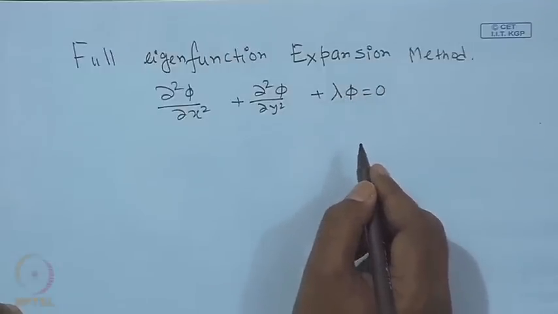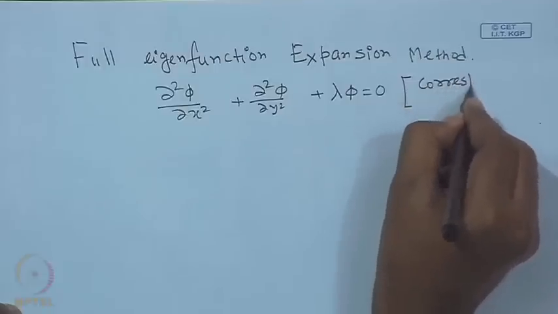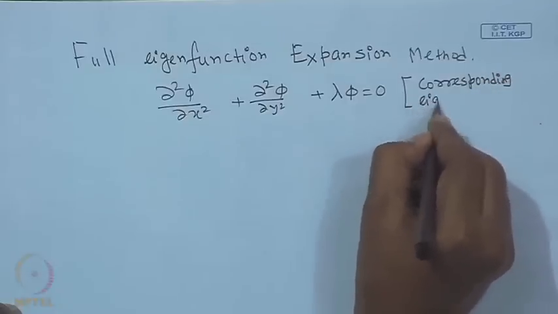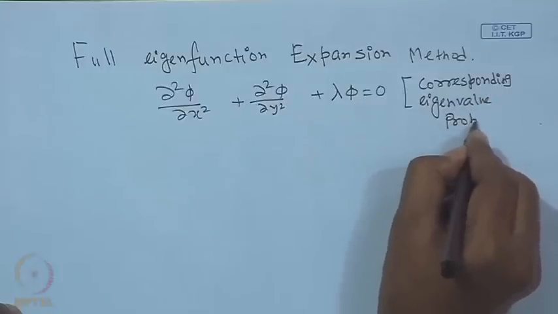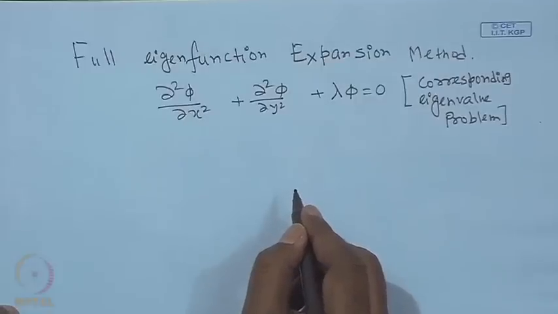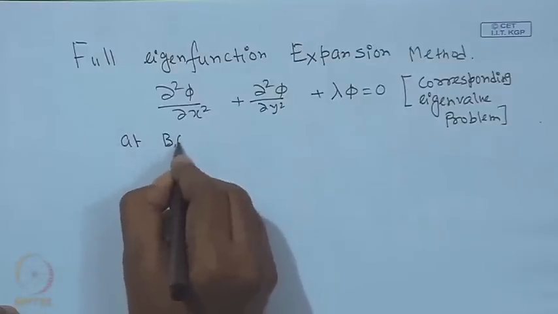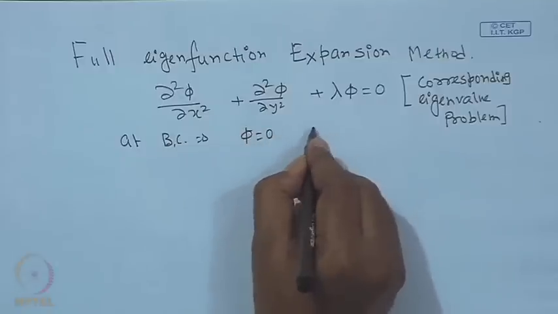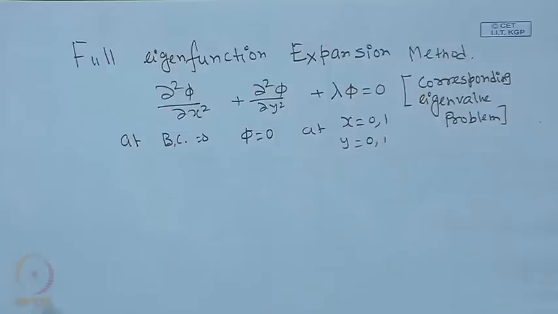So, this is the corresponding eigenvalue problem. And all the boundary conditions are that on all the 4 boundaries phi is equal to 0, at x is equal to 0 and 1 and y is equal to 0 and 1.